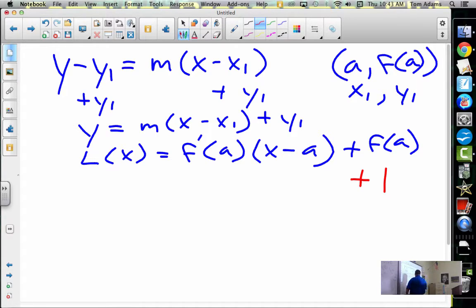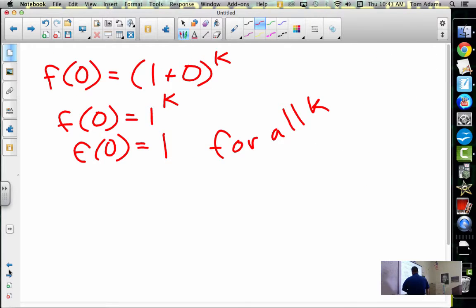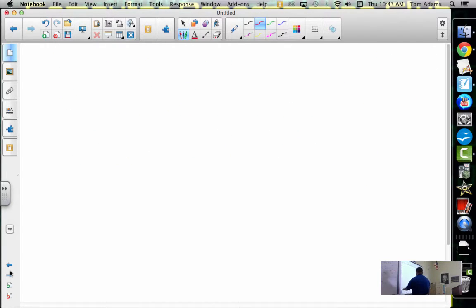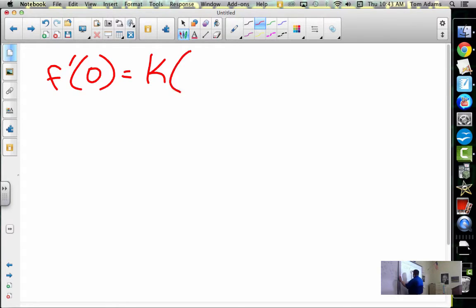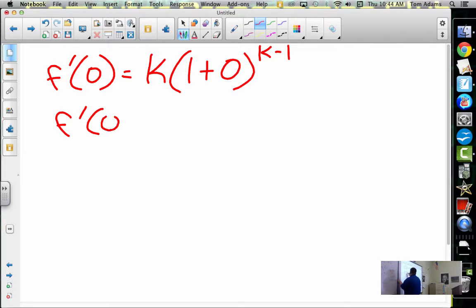Okay, and then from there, we need to do a similar thing, because now we need f prime. So if I want to evaluate f prime at 0, now I've got k times 1 plus 0, and then raised to the k minus 1. Now this one gets a little trickier. We've got k times 1 raised to the k minus 1.